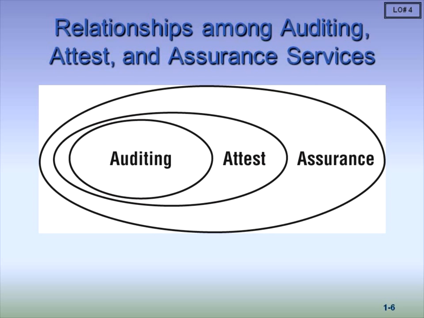Okay, so auditors engage in auditing services, attest services, and assurance services. The auditing piece, we're gathering information to test management's assertions. In the attest services, we as auditors or practitioners issue a report on some subject or some single assertion that is the responsibility of management. So that could be that their before tax income is correct.